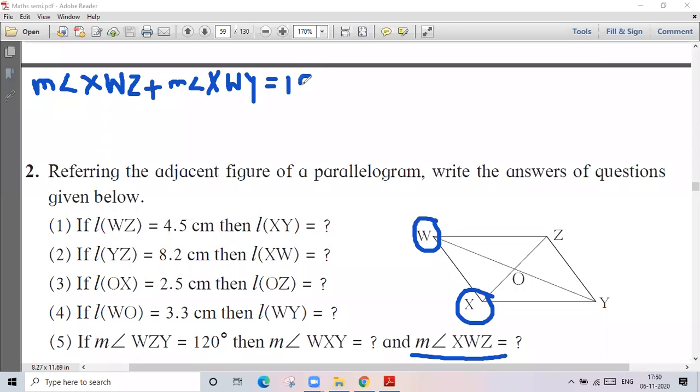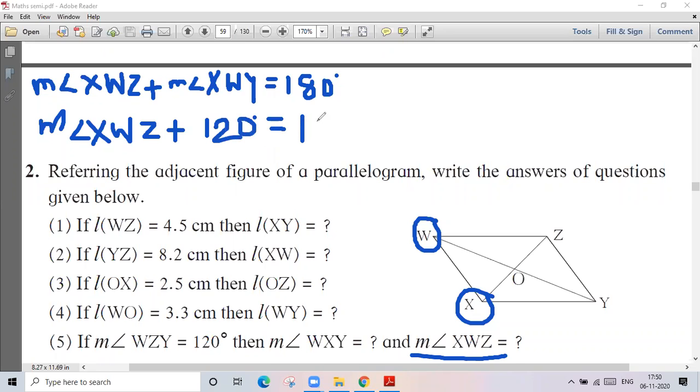They are supplementary, that means 180. Now put the values here. My handwriting is a bit bad because I don't have any pen with me right now. So this is 120, is equal to 180.